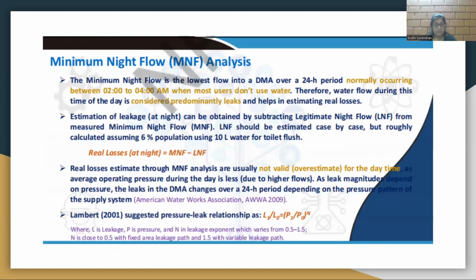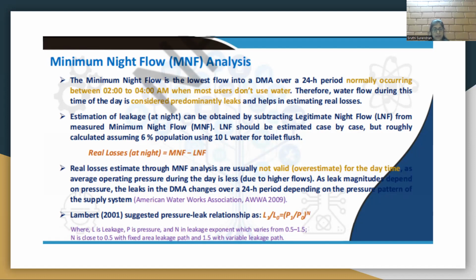Now, another part in this is the minimum night flow analysis. Minimum night flow analysis is the kind of analysis where, in a particular period of the night, if there's excess use of water, then you understand that some kind of leakage is happening, and it is computed by subtracting the legitimate night flow from the minimum night flow.